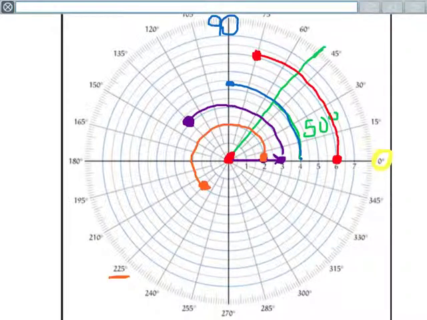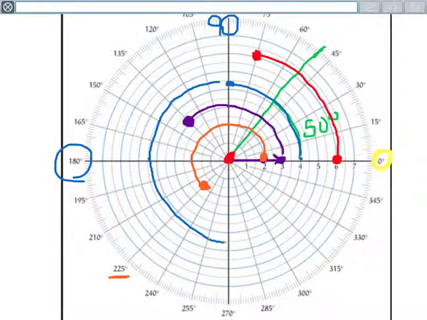And from here to here is 180. And from here to here is 270. And from here to here, the whole way around the circle, is 360 degrees.